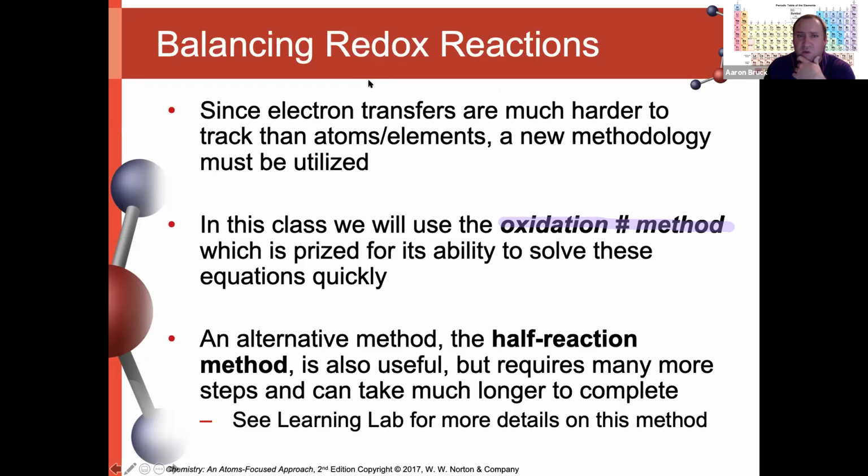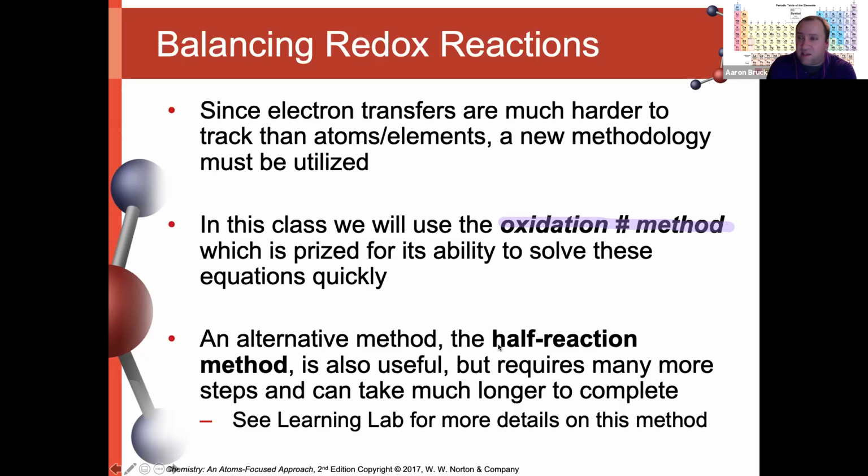And so to that end, they are way more useful. But they are a little bit more difficult in terms of you really have to have your oxidation numbers down. You have to know what you're doing there.